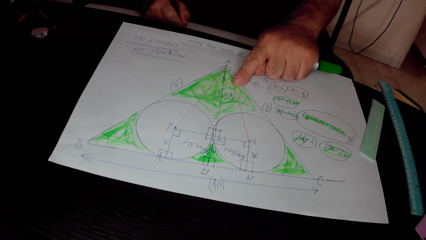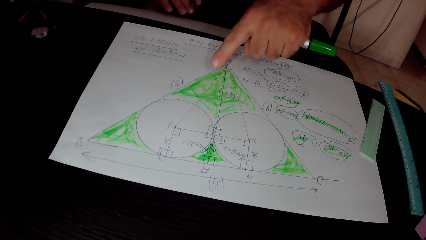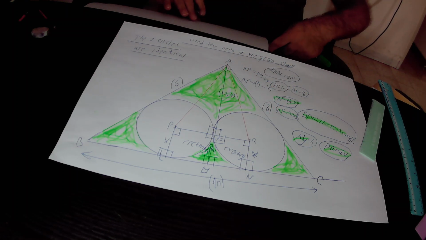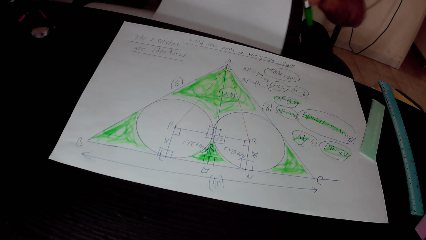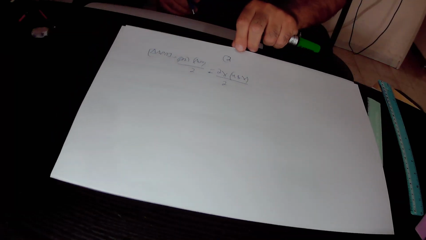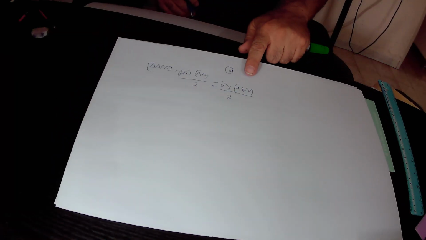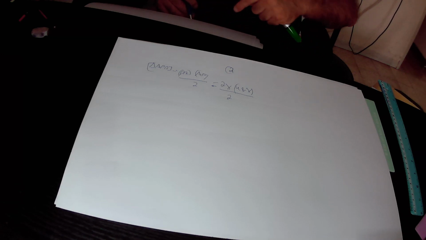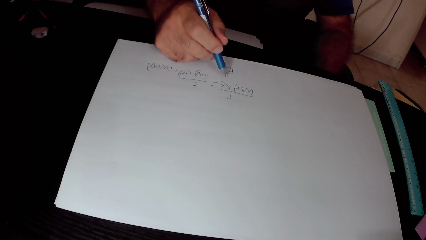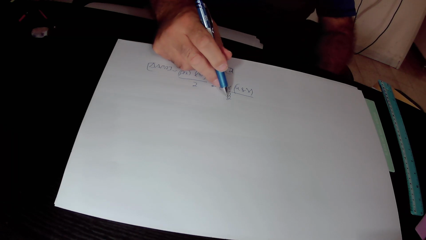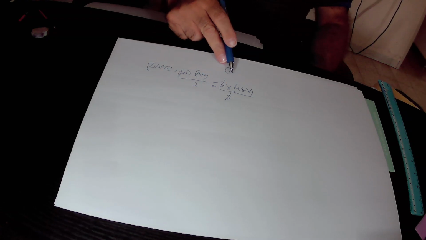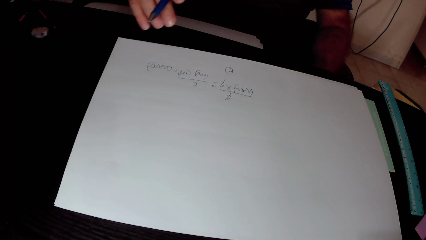Divided by 2. So total, we found out that the area of the small triangle APQ equals the base 2x times the height 4.8 minus x over 2. We have 2 in the numerator and 2 in the denominator, so 2 will get cancelled. And we have to leave x times 4.8 minus x.